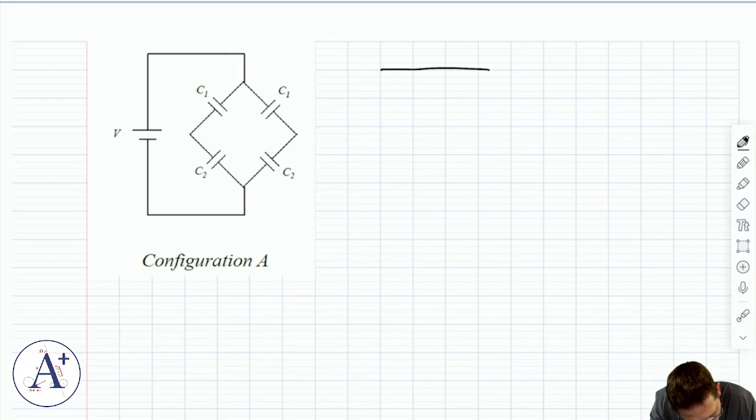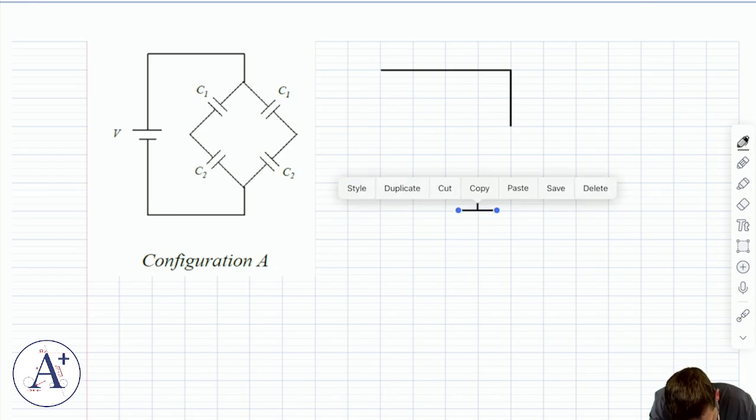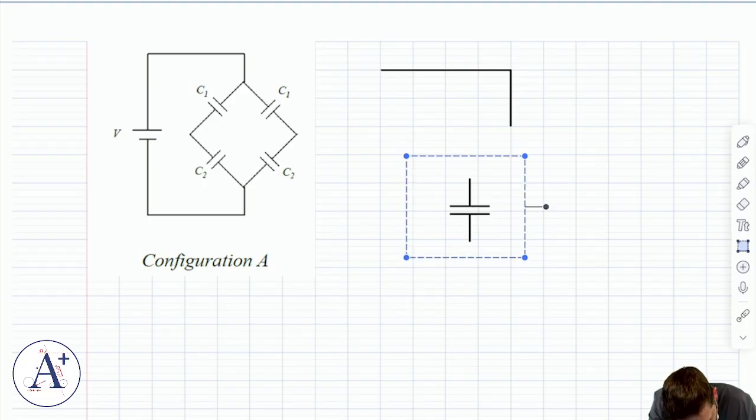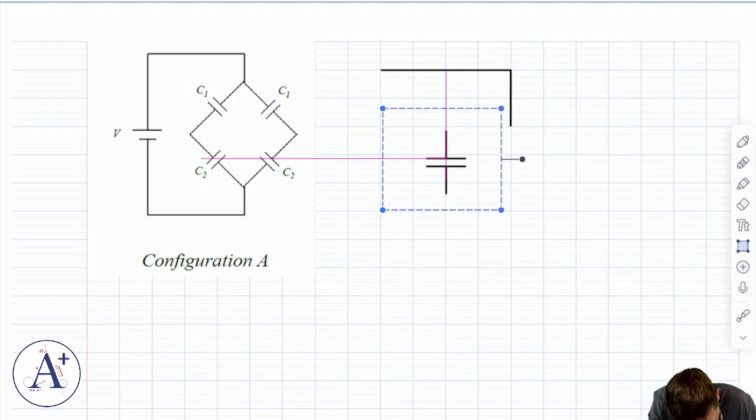All right. Now the truth is, I can redraw this thing. If I were to redraw this, I would draw it like that, and let me draw one capacitor, and then I'll make a few copies of it. I would redraw it like this.